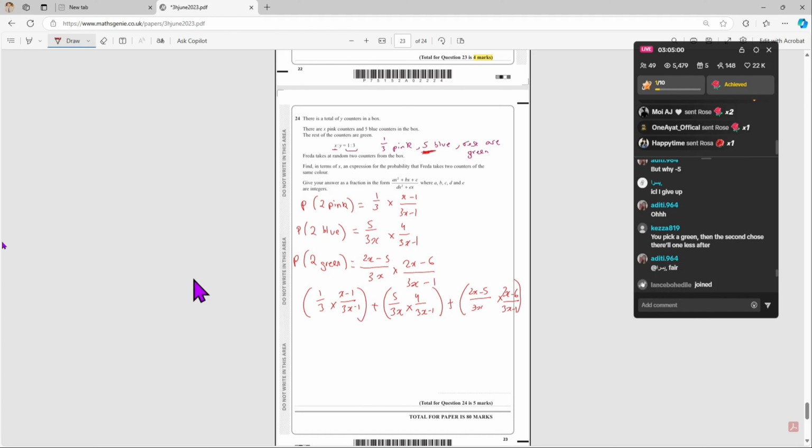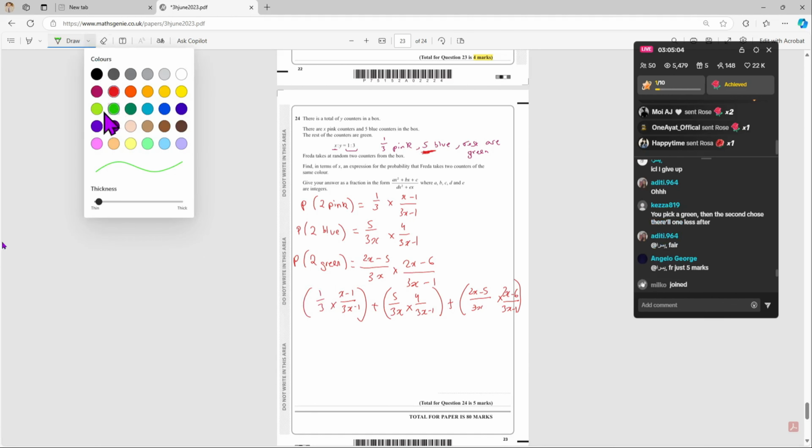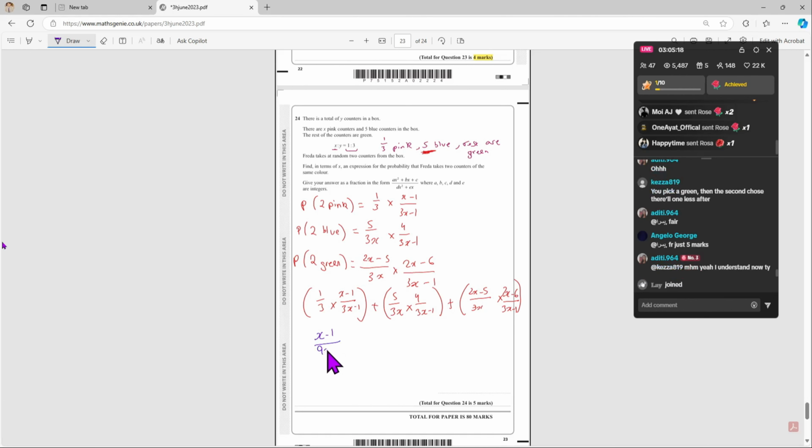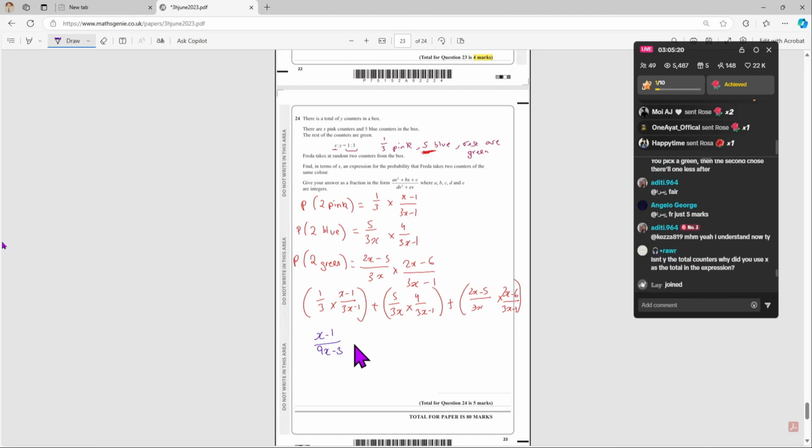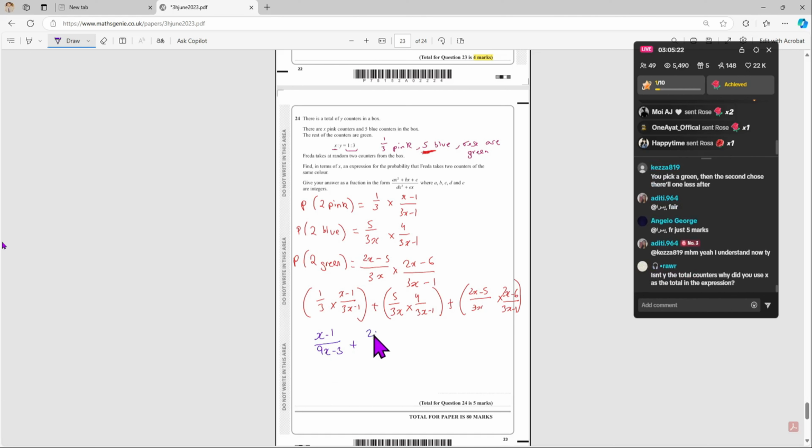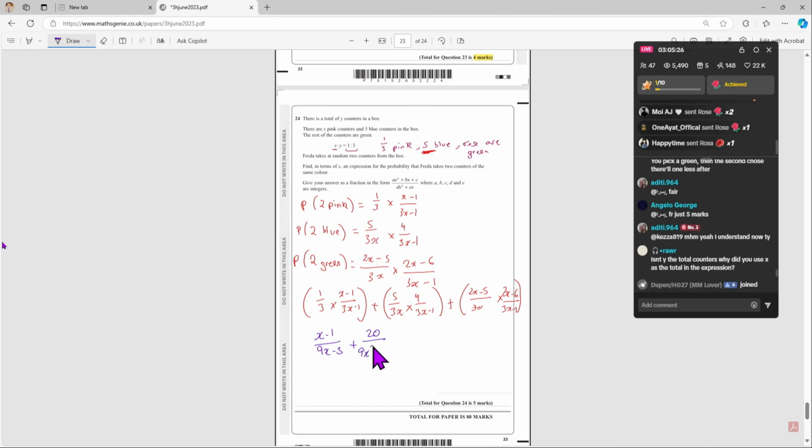Then we're going to multiply them and simplify it until we get this form. Simplify this whole long thing. Remember, guys, you have a calculator, so use the calculator. So x minus 1, then we have 9x minus 3 plus 20 over 9x squared minus 3x.